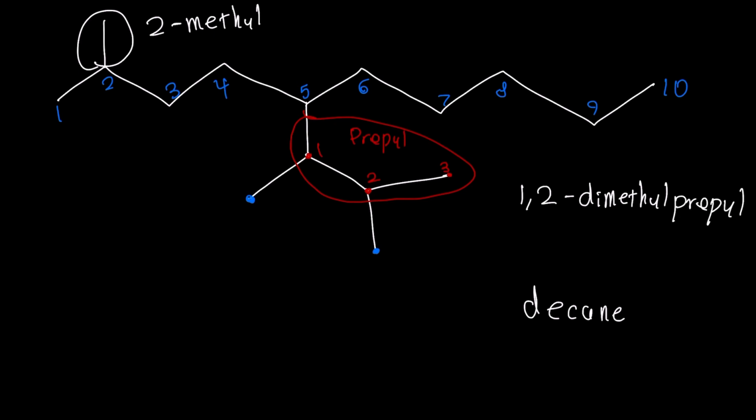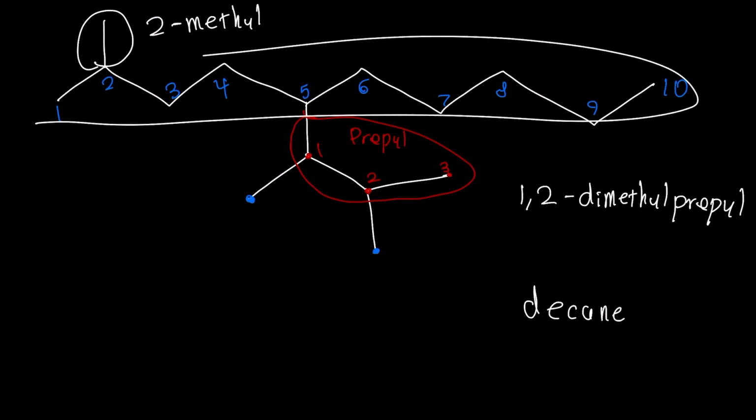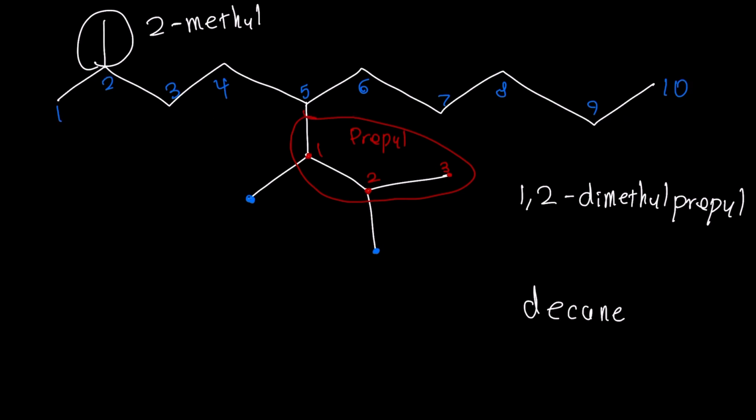So you've just named all of this. Now, because this substituent is a part of this chain, we're going to put the number 5, which it connects to, behind all of it. So we're going to put all of this in parentheses, and then we're going to put 5 behind it.